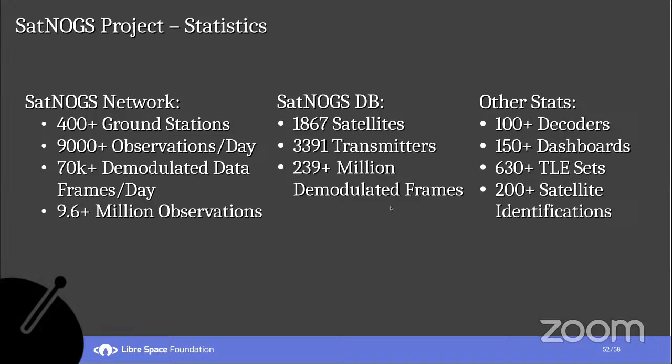In the SatNOGS DB, we have thousands of satellites and transmitters, and we have also gathered almost 240 million demodulated frames.